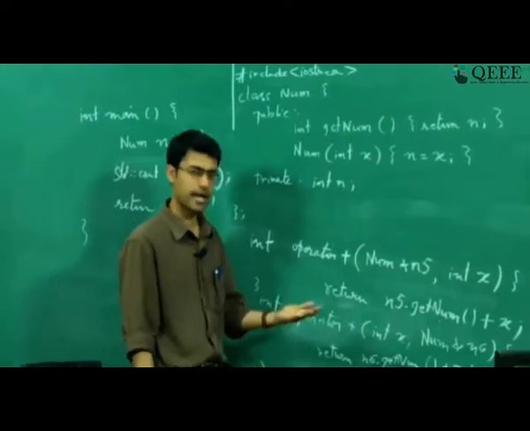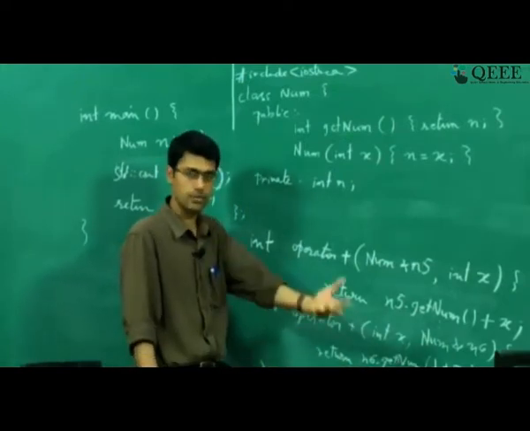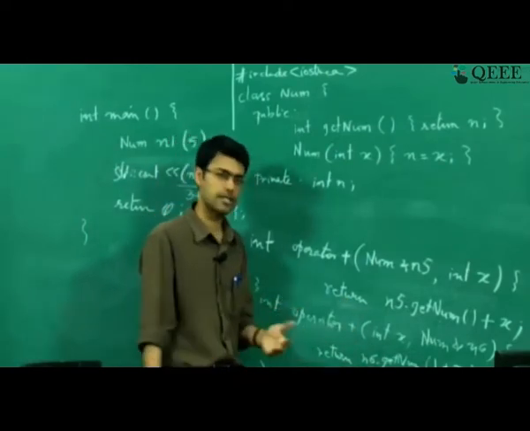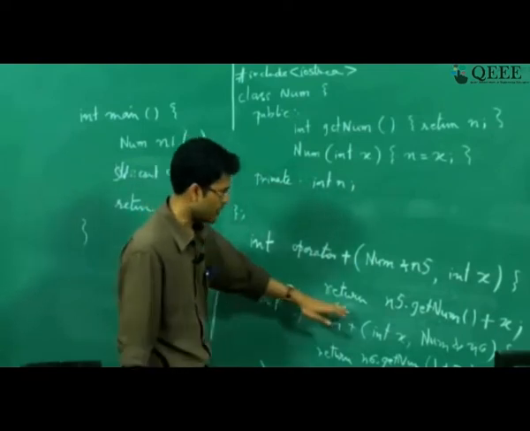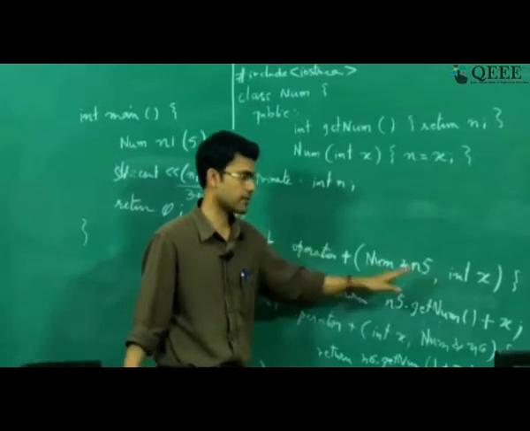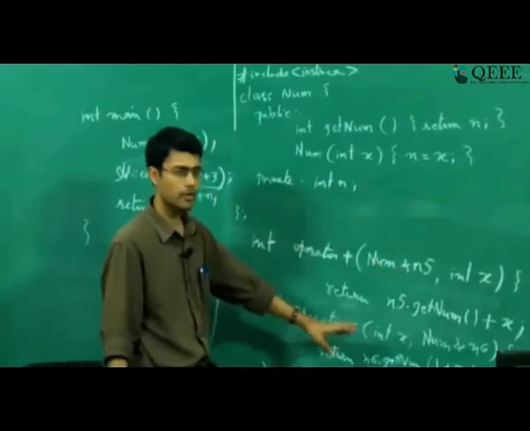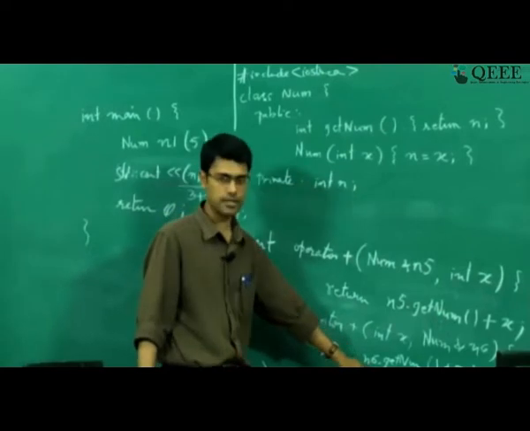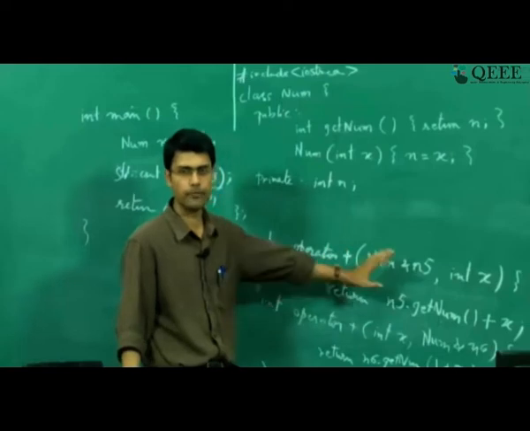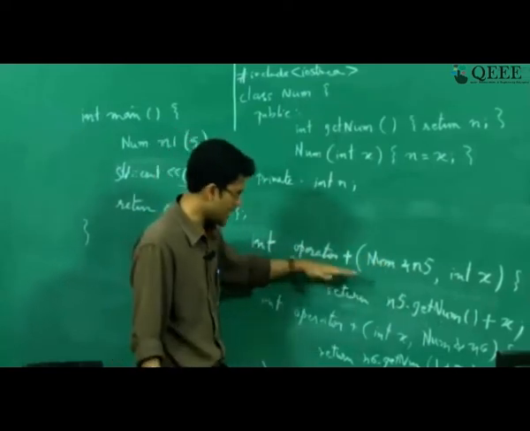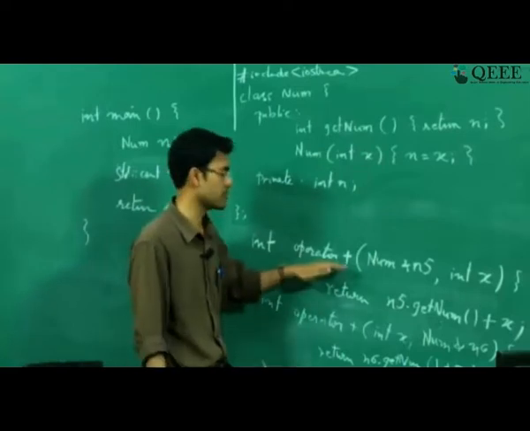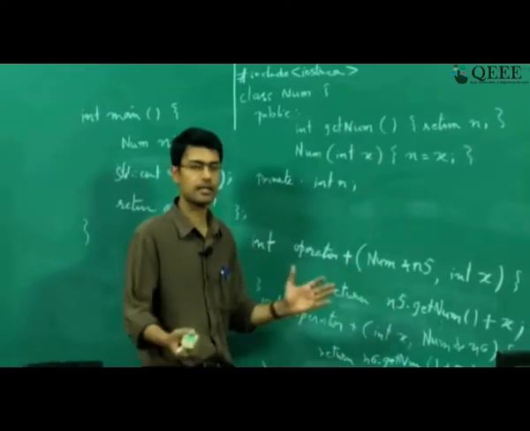So to address that, one way is code reuse, which is one of the primary principles of software engineering, which means that whatever code you have written for operator plus when n5 and x were the two arguments, you should be able to make use of that in this function, so that tomorrow if you want to change the meaning, let's say you want to add a log function or a print function, you will not have to add it at multiple places. You want to avoid that. It should be possible to put it at one place and have that work.